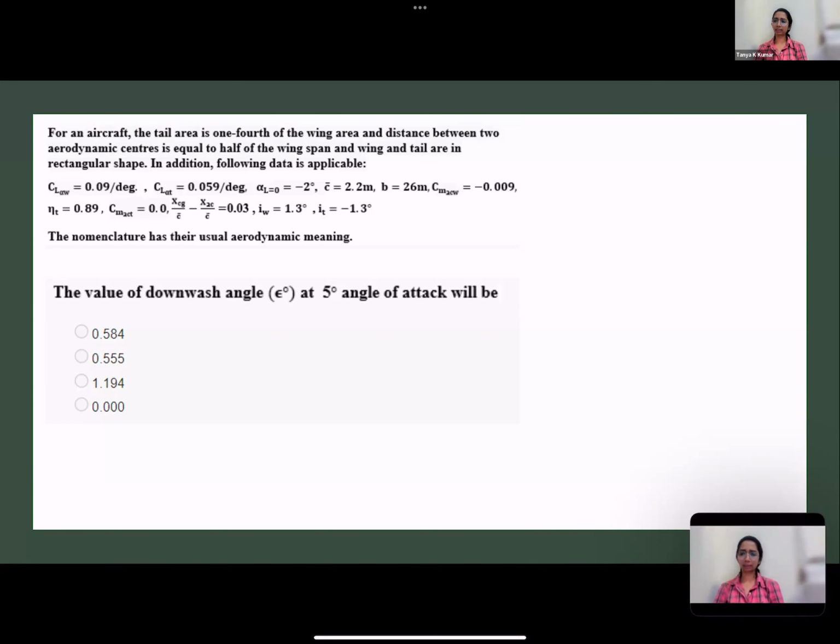I think I explained this in all 3 classes. Effect of vortex. Yes. So you have trailing edge vortices at the wing, which travel downward and change the angle of attack and the free stream velocity at the tail. So the free stream velocity seen by the tail is less than the free stream velocity seen at the wing. Similarly, the angle of attack at the tail is not the same as the angle of attack at the wing. Correct. So how did we find out epsilon naught?